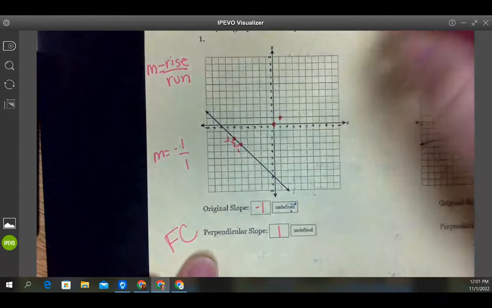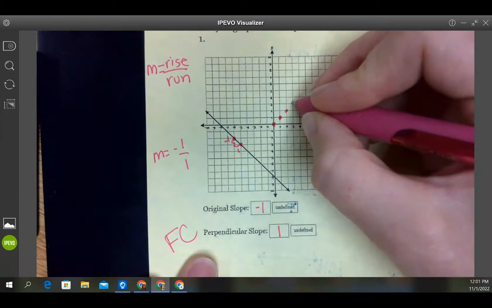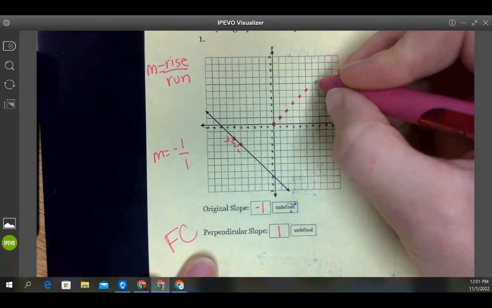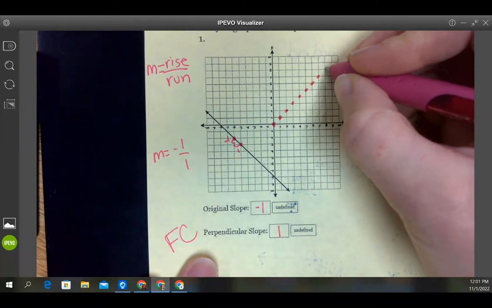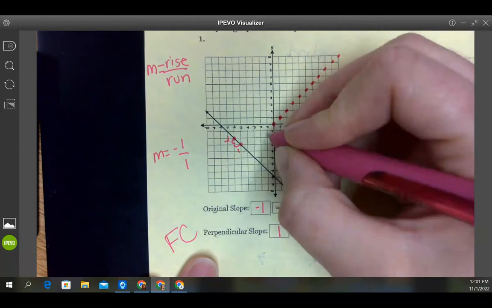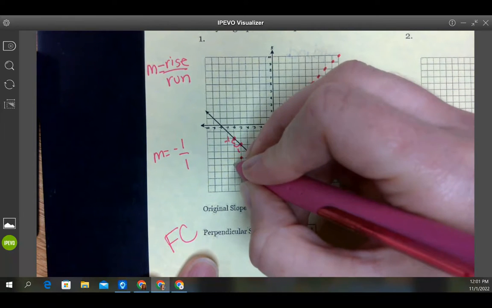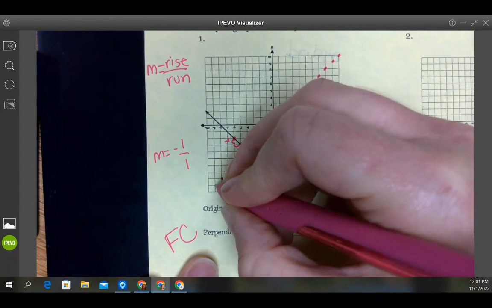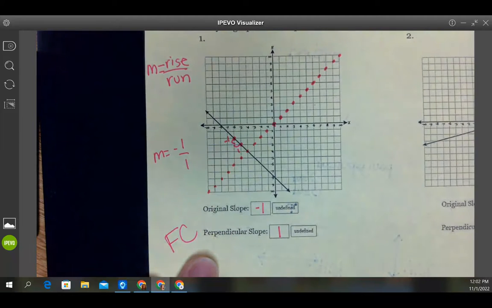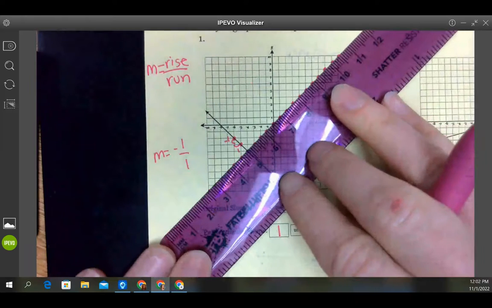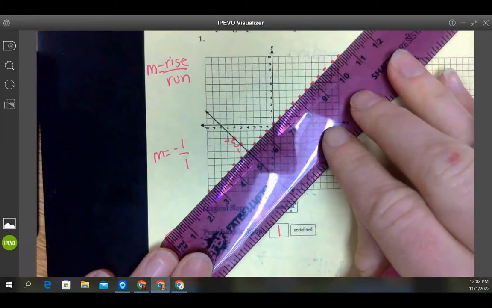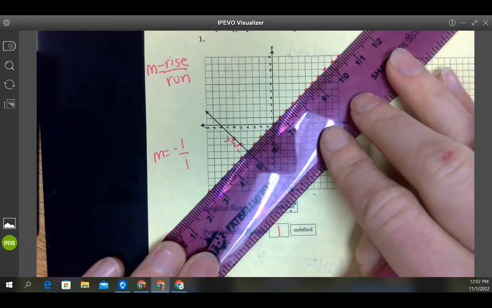If I start at the origin, I'd rise 1, right 1. And that'll form a line. Go ahead and keep on doing 1 over 1, positive, and then go negative. All it asks is to draw a perpendicular line. It doesn't say that it has to have anything other than flip and change on your slope.